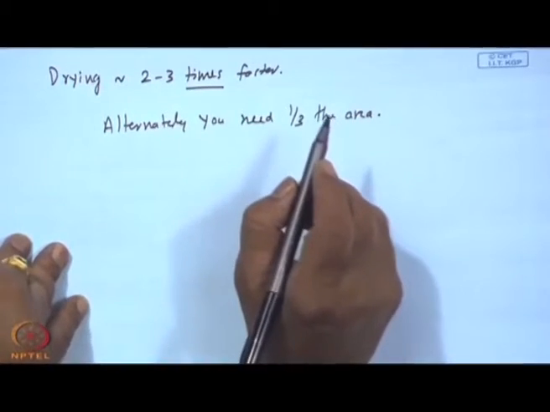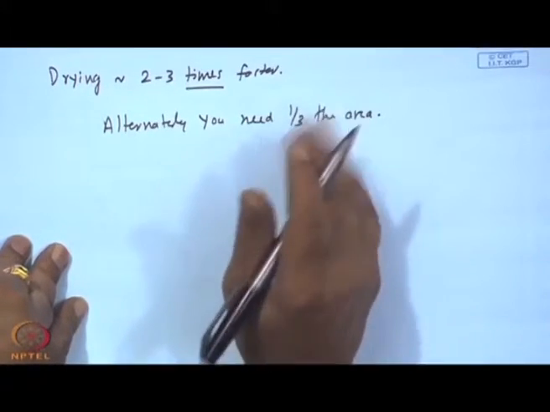So, in a coffee plantation, if you are using 20 acres of coffee for the land, you may require, let us say, 2 acres for drying, then I need only 2 by 3 or less than 1 acre for drying if I use it in the form of a greenhouse.